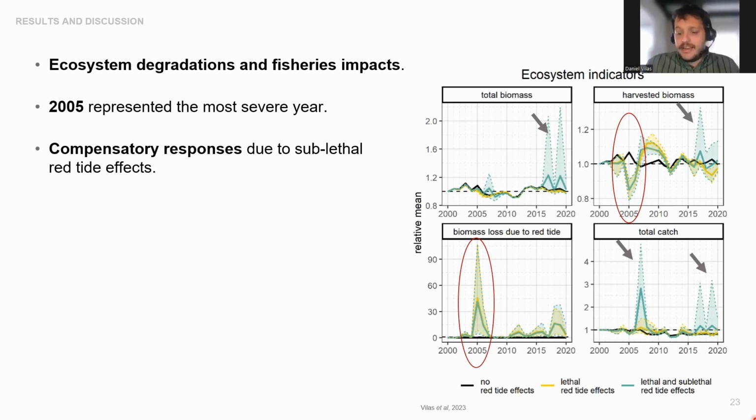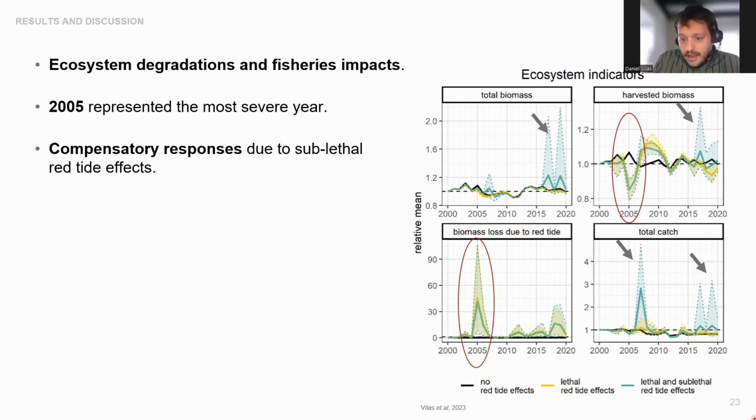The yellow represents the Ecospace prediction when including just lethal effects, and the blue line represents when including lethal as well as sublethal effects. And we see that in 2005, especially, we have this loss of harvest biomass, and increasing biomass loss due to red tide, revealing that 2005 was the most severe year in terms of red tide impacts.